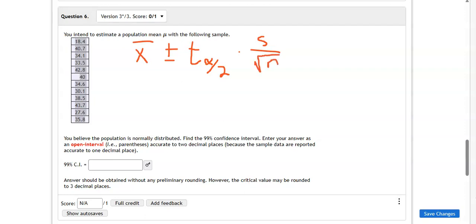All right, so let's fill in. We found out in Excel that our mean was 34.98333.